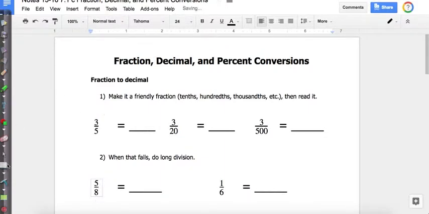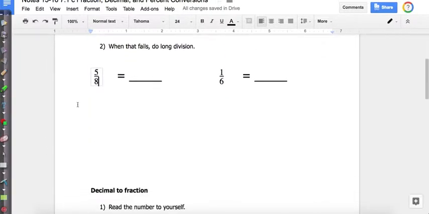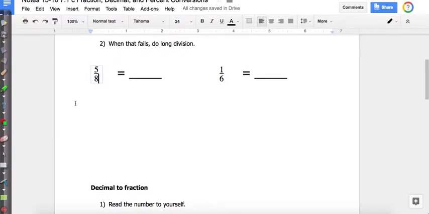So now we need to know what to do when it's not a friendly fraction. We have 5/8. So now we have to do long division when we can't turn it into a friendly fraction.